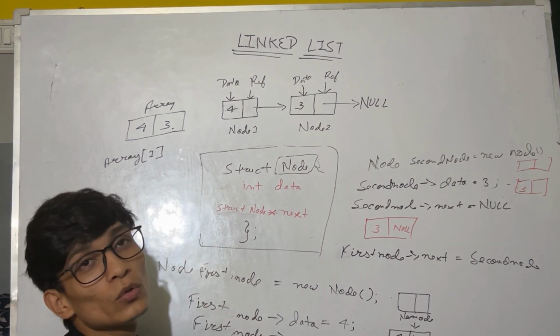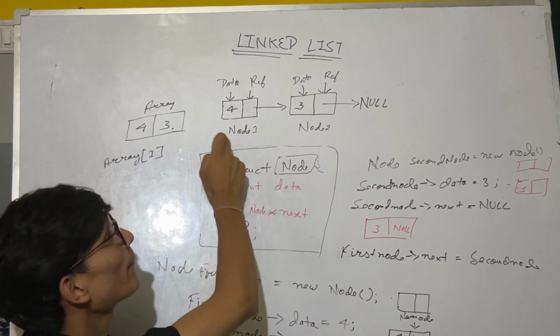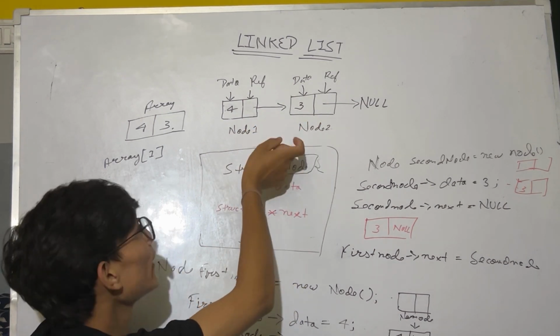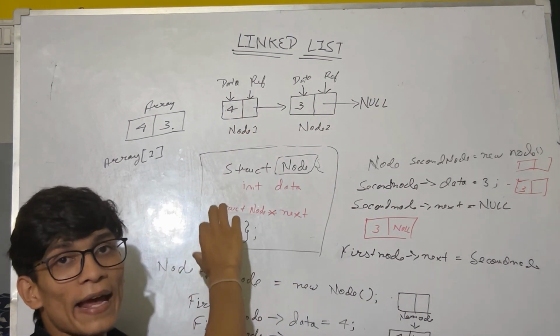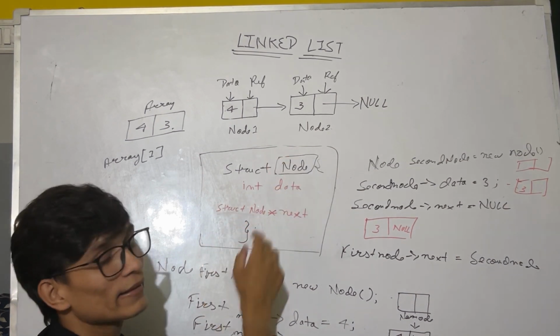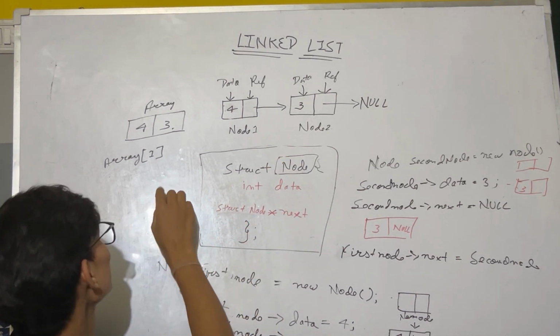But we cannot do the same with a linked list. We cannot directly access 3. We have to traverse the whole list, and only then can we reach 3 and access it. We cannot directly access it with the help of an index as we do inside an array.